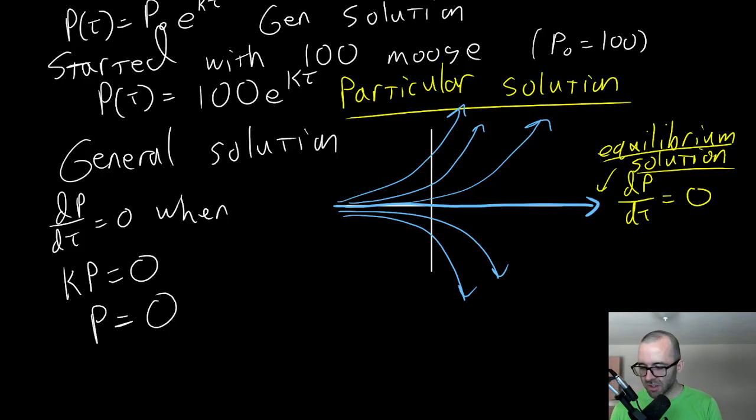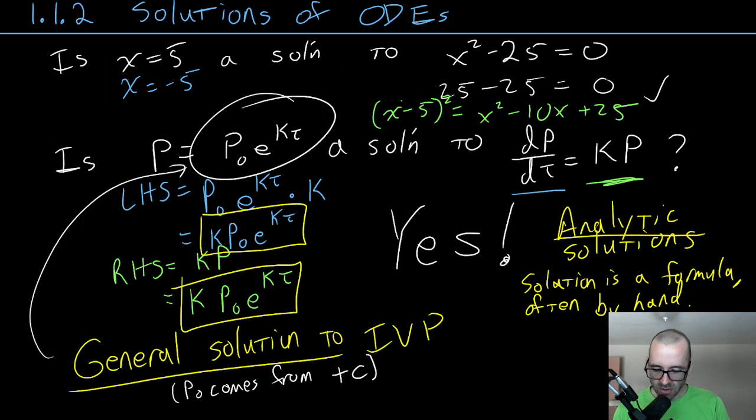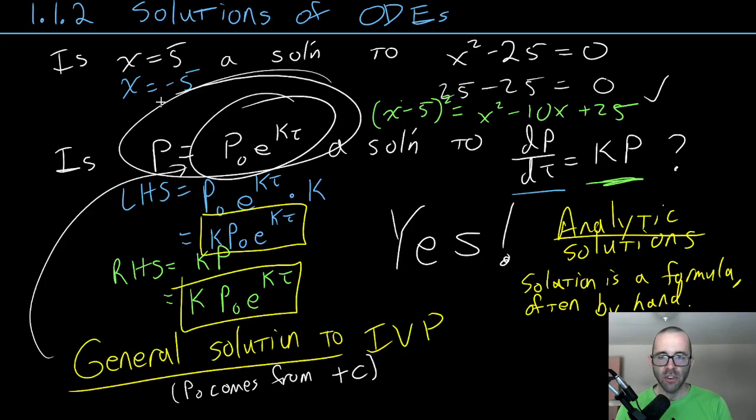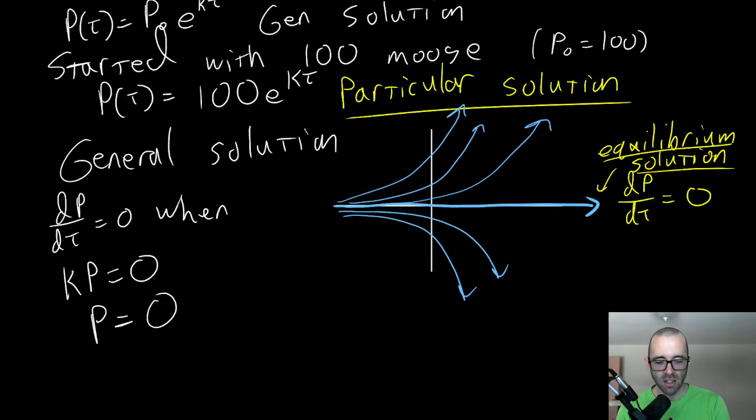All right, so that's most of the things I wanted to talk about in this video. A reminder that this is all an analytical solution. We get an exact function that models and solves the differential equation. A lot of times we'll do that by hand. This is to be contrasted with qualitative analysis, which we're going to do in the next video by looking at some graphs, and we'll also do later on with the introduction of slope fields in a future section in this chapter.